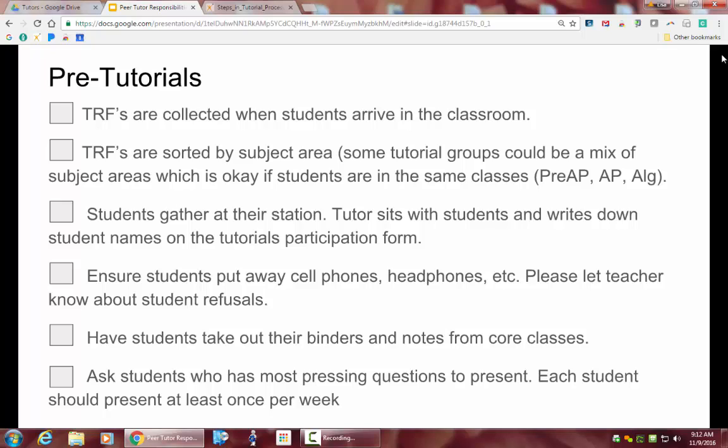Make sure also that you take out your binders, have all the students take out their binders and their notes and their resources from the core classes. And then ask students who have the most pressing questions to present. Each student is responsible for presenting at least once during that week.